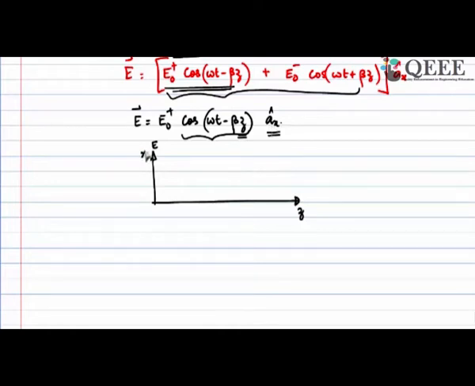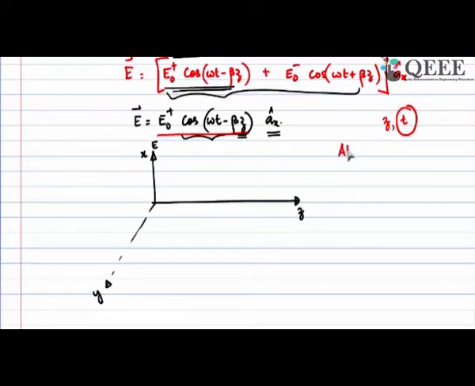E is along the x direction, and let's say this is my y direction. I am trying to plot this quantity to understand what it means. I am a little confused when I try to plot it, because I have two variables, z and t, and I have only an axis for z. Which means I will have to plot it for different instants of time.